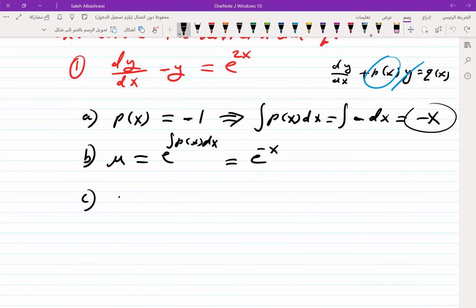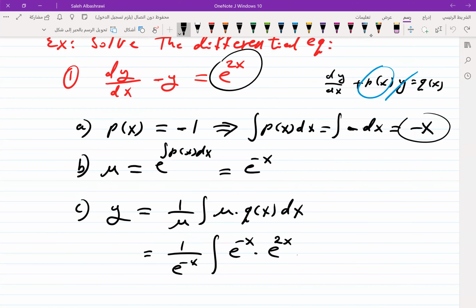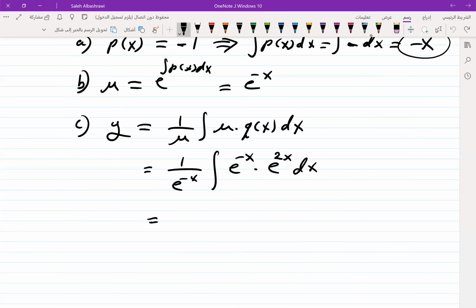Now to find y, which is equal to 1 over mu multiplied by the integral of mu times q(x) dx. That is 1 over e to the power of minus x, multiplied by the integral of e to the power of minus x times q(x). Q(x) is the right-hand side of the equation, e to the power of 2x, dx. 1 over e to the power of minus x can be written as e to the power of x, multiplied by the integral.